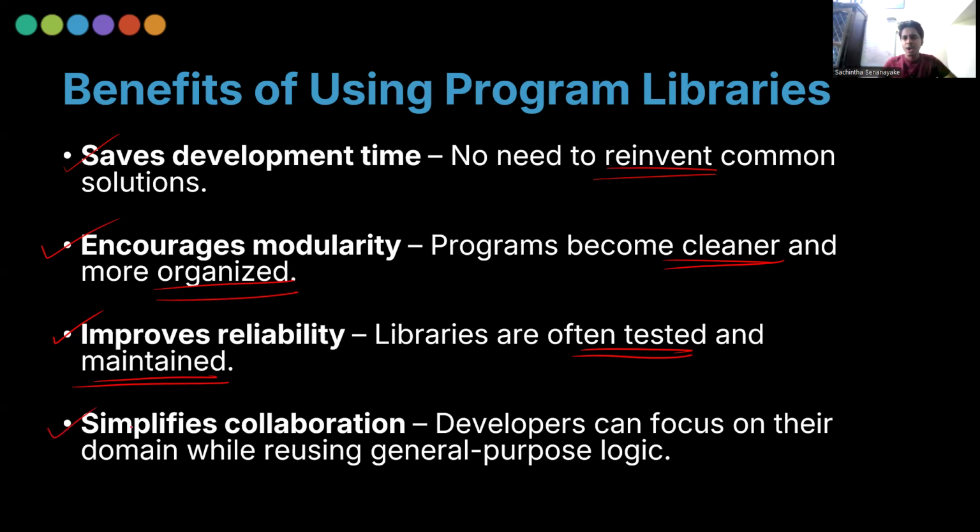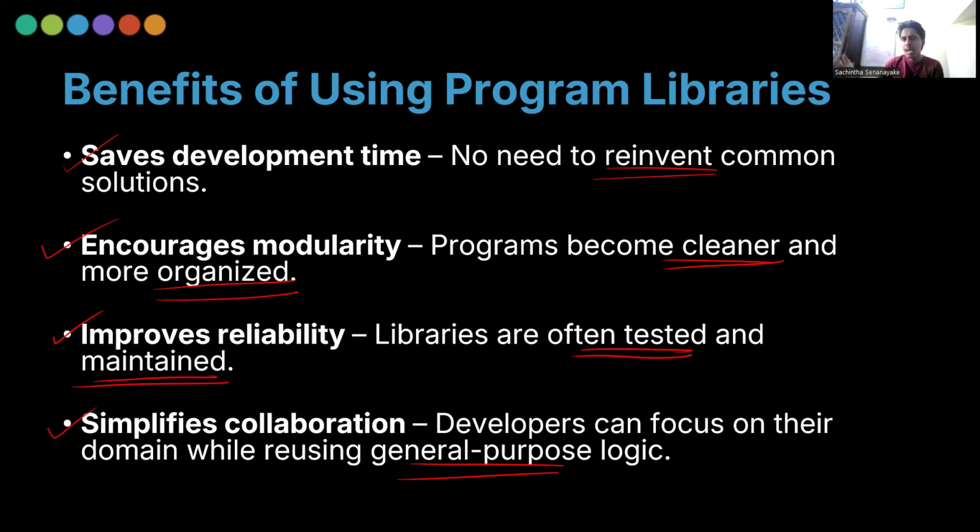Then simplifies collaboration. Developers can focus on their domain while reusing general purpose logic. You don't have to focus on learning the branches of mathematics and the entire subject of data structures and algorithms just to be able to implement a simple application.